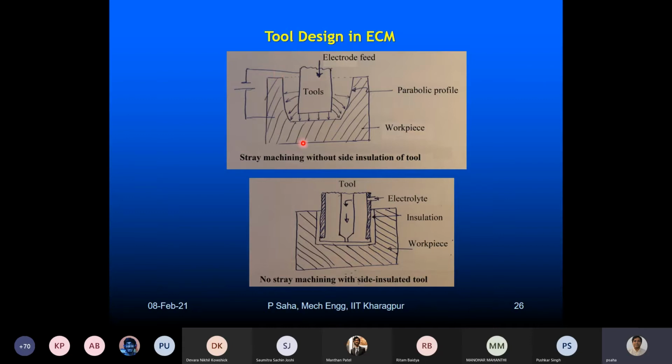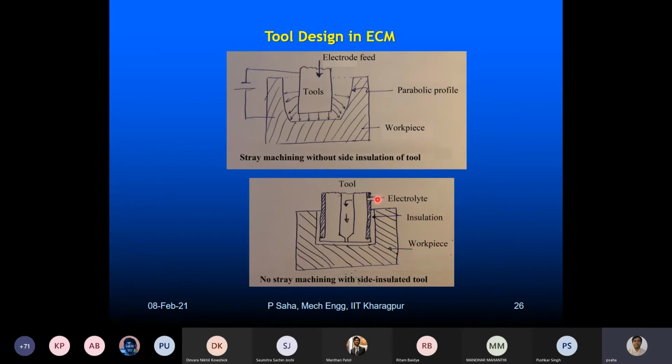So what do we do? We insulate the side with some passivating film or some insulating coating. We can do it. So you see here the sides are completely insulated and only the bottom face is exposed. This is made of a metal, and inside we have allowed the electrolyte to flow.